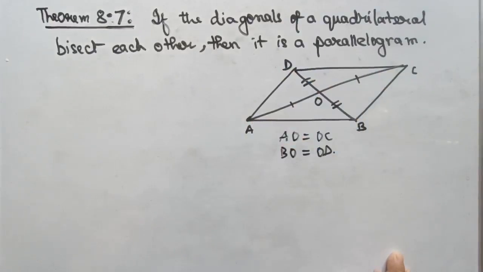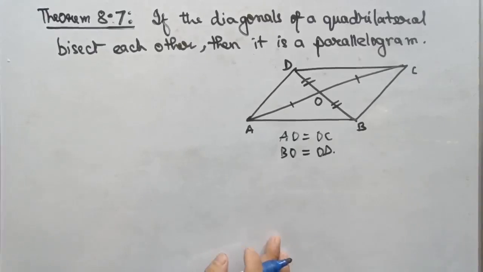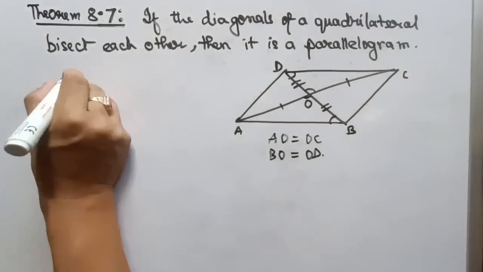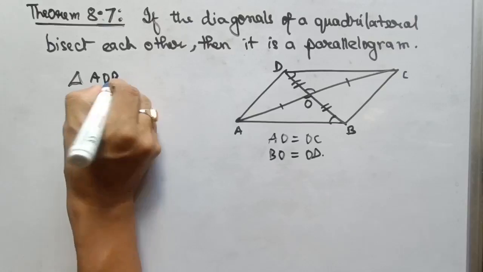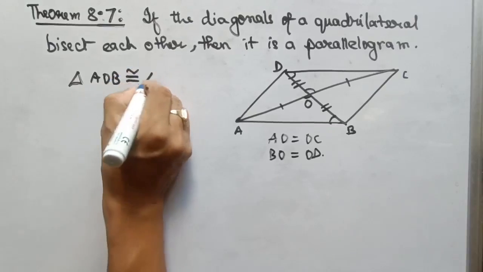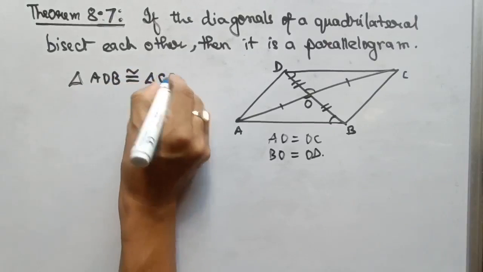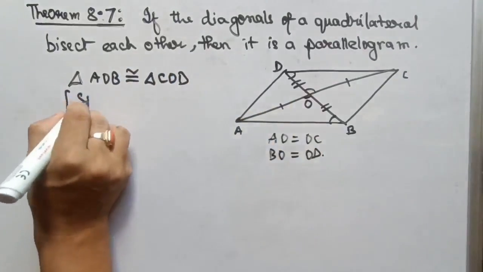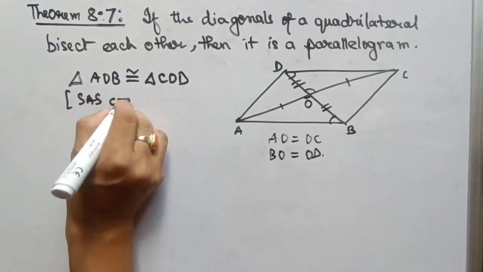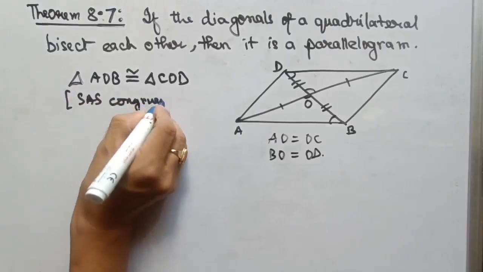The proof of this theorem is quite simple. As you can see, triangle AOB is congruent to triangle COD by the SAS congruence rule.